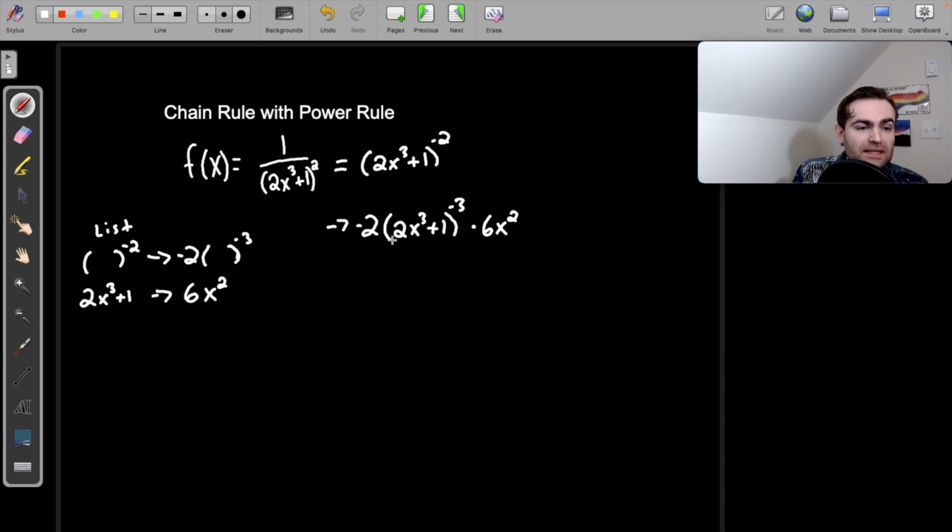To write it properly, let's multiply the coefficient with this derivative here, so we can have negative 12x squared. And then we can bring this negative power back down to the denominator, so that would be 2x cubed plus 1 to the third power. And that is the derivative. That is f prime of x.